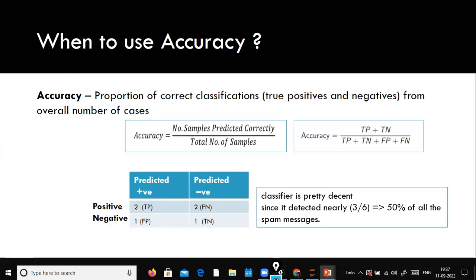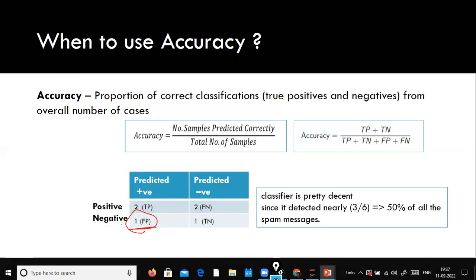Here we are interested in predicting the spam. My model correctly predicted 2 emails as spam, but here my model wrongly predicted 2 emails as non-spam. Here, actually it's non-spam, but my model predicted spam.